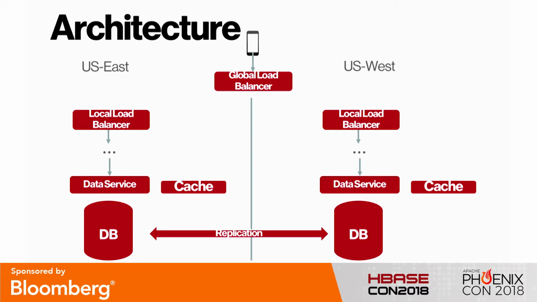On the local side, the local load balancer will just forward traffic to the front-end service, and all the way to our data service, cache, and database. Except for the data service and database, there's no cross-cell traffic allowed.